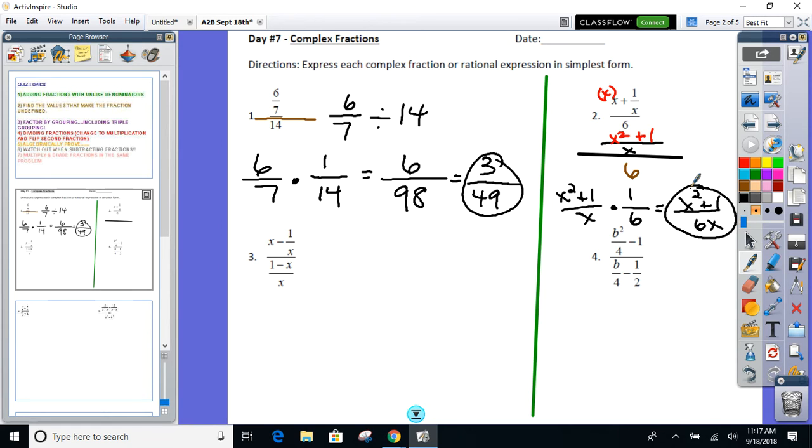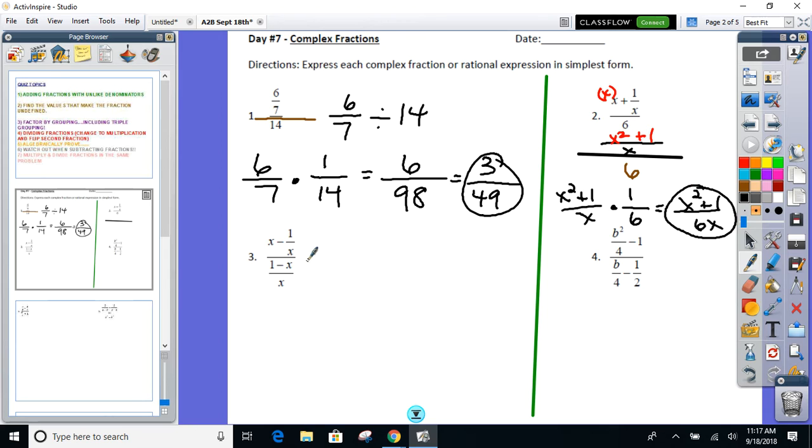How many are on top on number 3? How many are in my numerator? 2. How many are in the denominator? Ready? How many fractions are in the numerator? 2. How many are in the denominator? 1. So I only have to work on the numerator now. I need you and your group right now to get x minus 1 over x into one fraction for me.